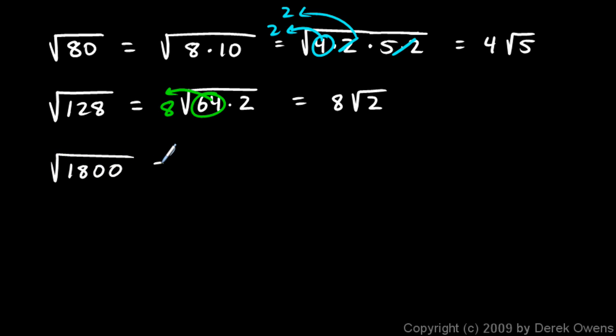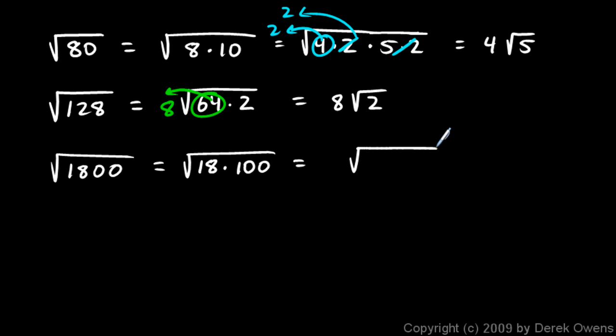Okay, 1800. Don't be intimidated by large numbers under the radical. They get small real fast when you start to square root them. If you don't know what to do on a problem like this, start by trying to find perfect square factors. Just try to factor it. 1800 we know is 18 times 100. And look there, there's a perfect square factor, 100. But note the 18. 18 can be factored some more. 18 is 2 times 9.